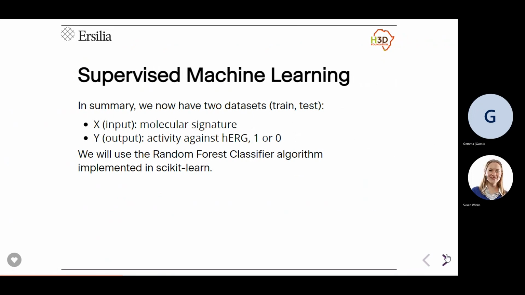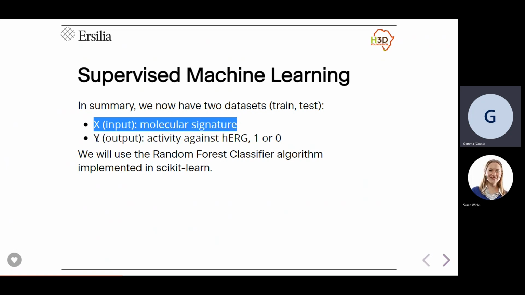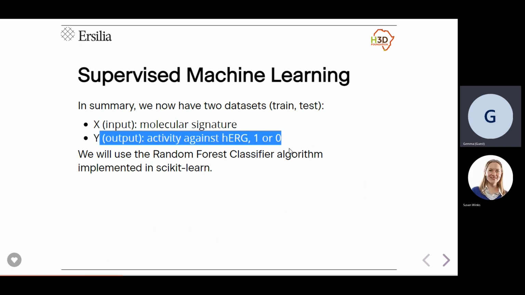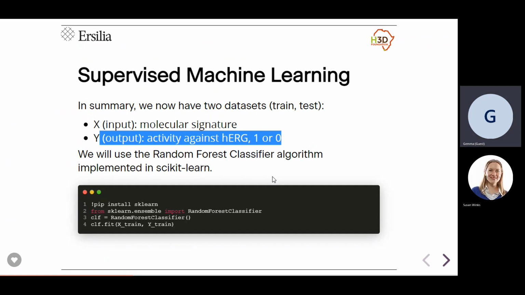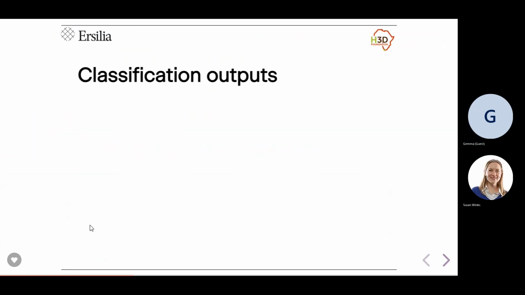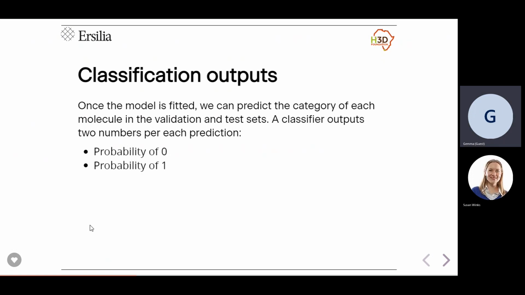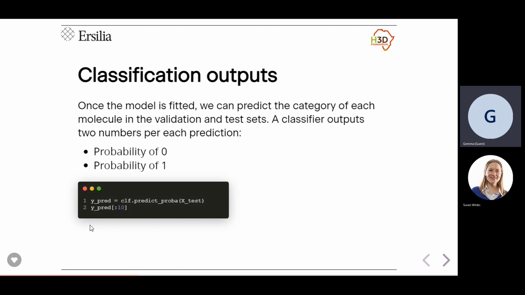Okay, so let's summarize. We had our X, our inputs of signatures, and our Y's, our outputs, activities against health. We trained what we call a random forest classifier. Okay, this is the text that we use. We fit it to the train X and Y. And then we get probability of 0 and probability of 1.